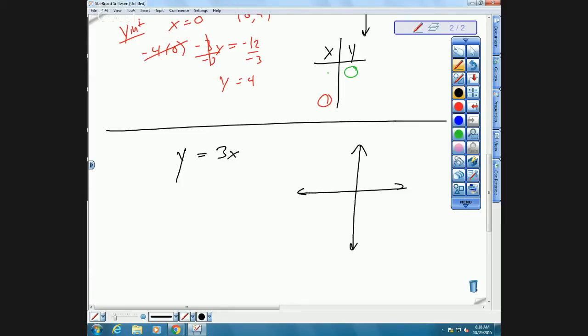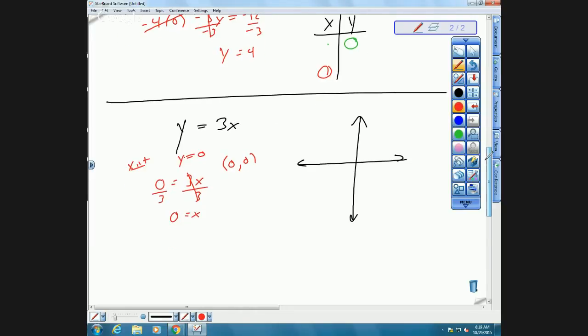So when I go to do my x and y-intercept on this one, if I make my y be 0, I have 0 equals 3x, right? We'll divide both sides by 3. 0 divided by any number is just 0. So my x-intercept is at (0, 0). So if I plug a 0 into x, what am I going to get?